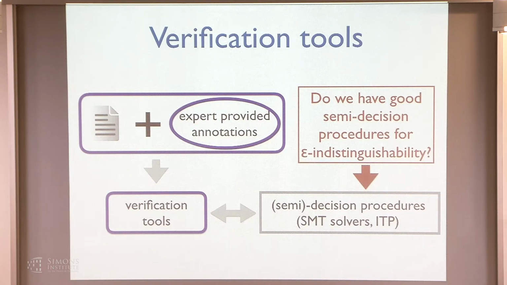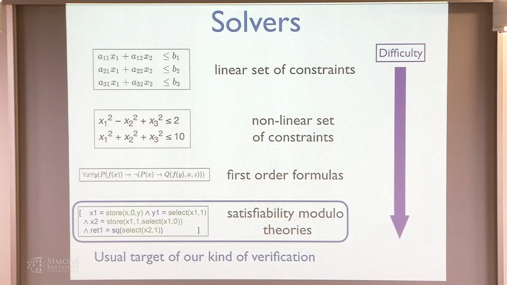If you are not too familiar with solvers, or maybe you are more familiar than me with some kind of solver, let me try to give you an idea of how we think about solvers in programming languages. I'm sure you all know how to solve a linear set of constraints. I think it's something most of you have seen before.